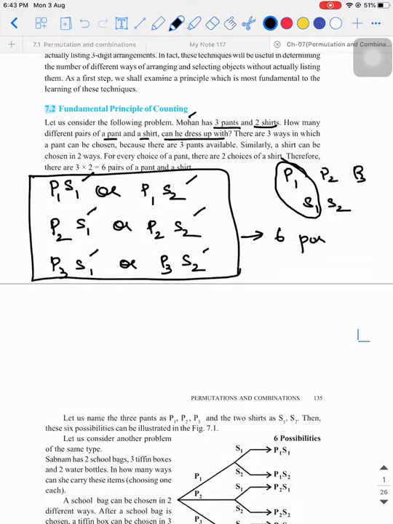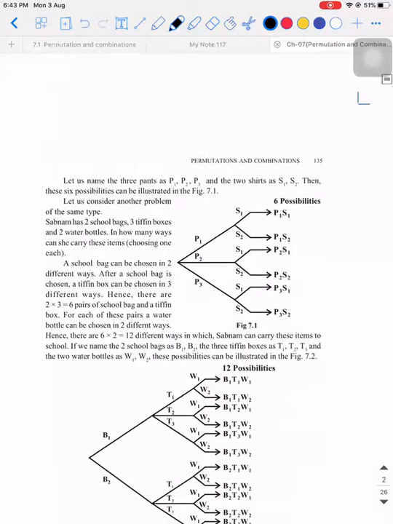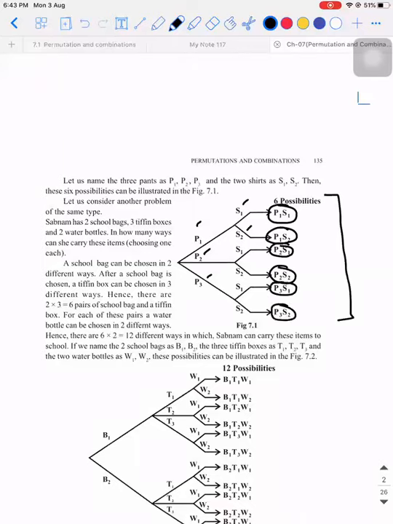So there are 6 possibilities in which he can accomplish this task. Right? That's what is given here in a different way. There are 3 pants P1, P2, P3 and 2 shirts S1 and S2. So he can wear P1 and S1 or pant 1 and shirt 2, or pant 2 and shirt 1, pant 2 and shirt 2, or pant 3 and shirt 1 or pant 3 and shirt 2. I hope it is clear.